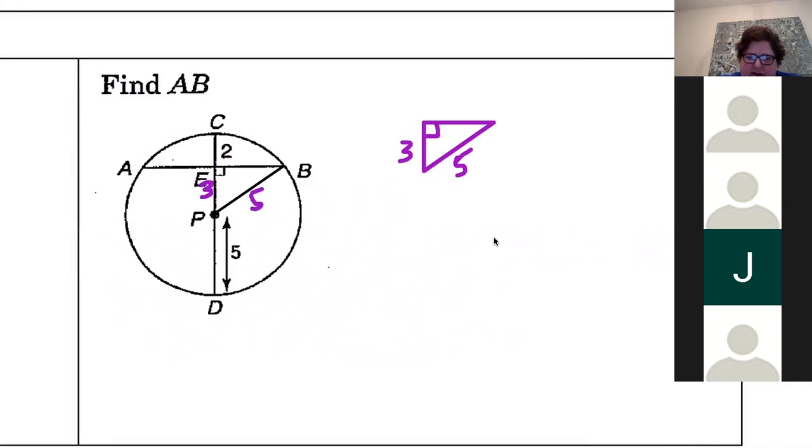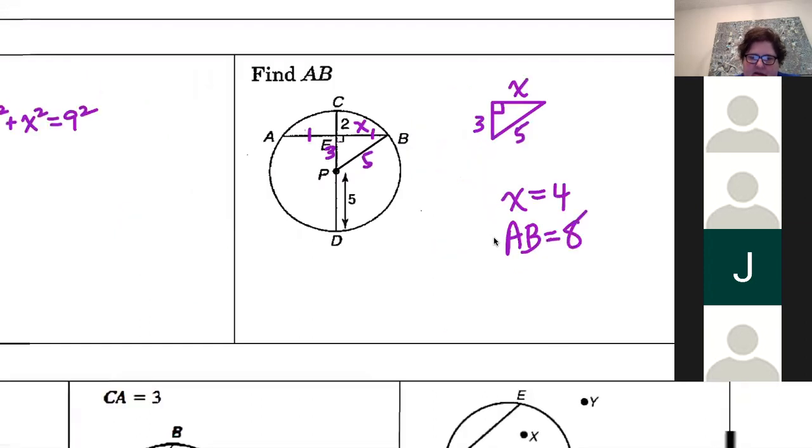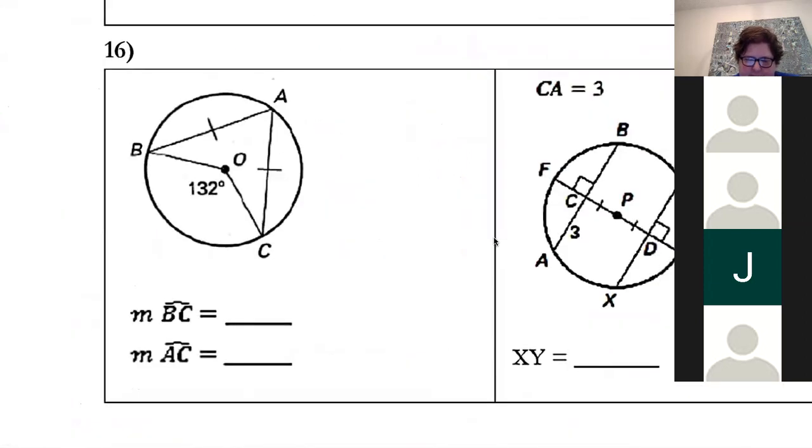And since that's a right triangle, you'll do the Pythagorean theorem and figure out what that side is. And then whatever this is, again, because this radius is drawn perpendicular to a chord, it'll bisect the chord. So that means that these are both the same. So if you work that out, you'll figure out that x is 4, making AB equal to 8.